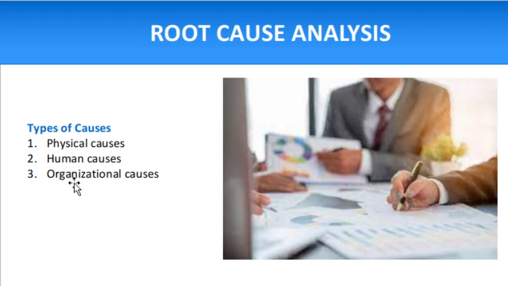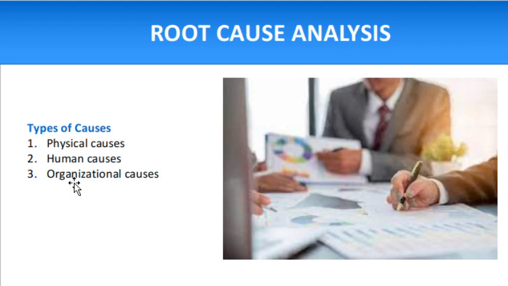The third one is the organizational causes. That means procedural mistakes. The organization is not following the proper procedure. Let me give you an example. If you are implementing a software solution and you are not going through the quality assurance process, obviously it will be a huge problem after the deployment.